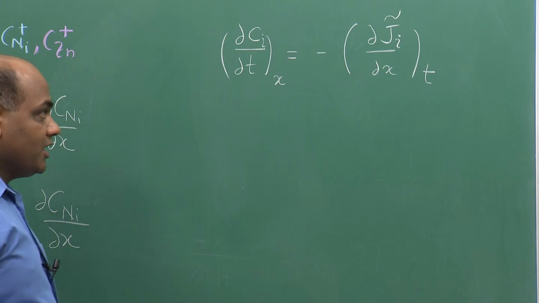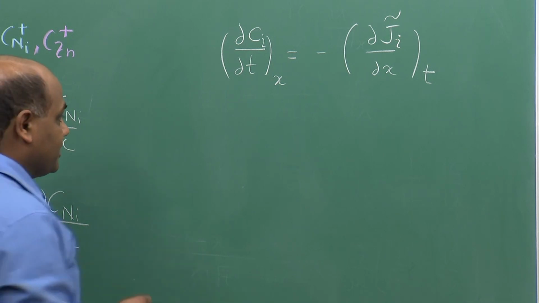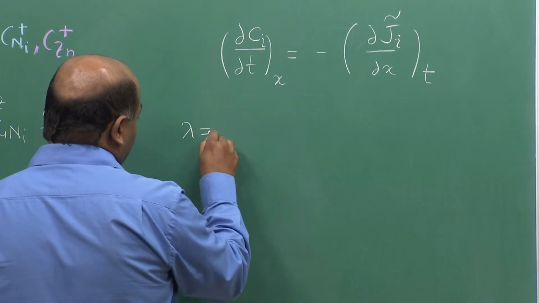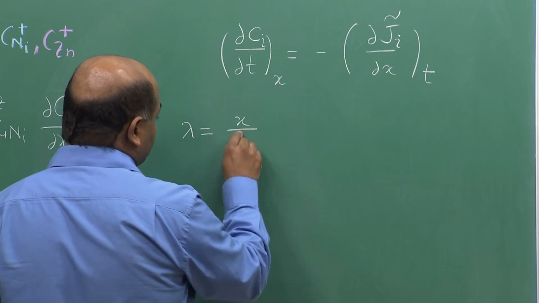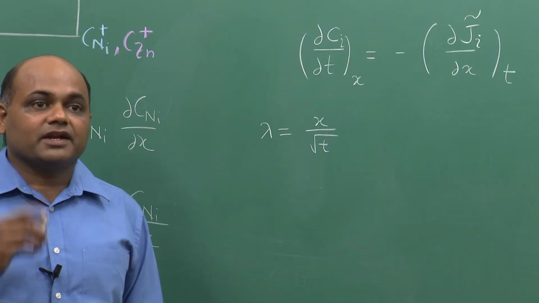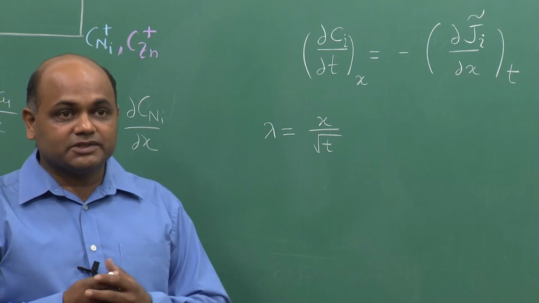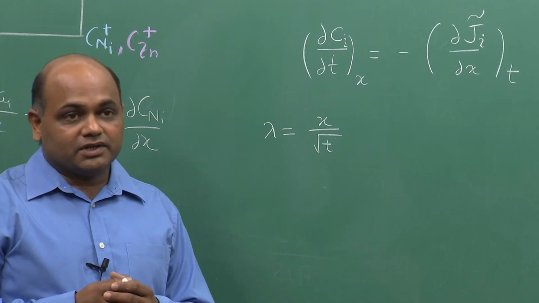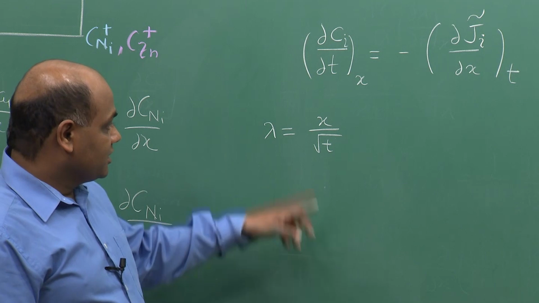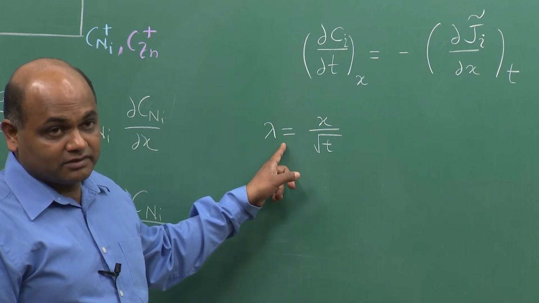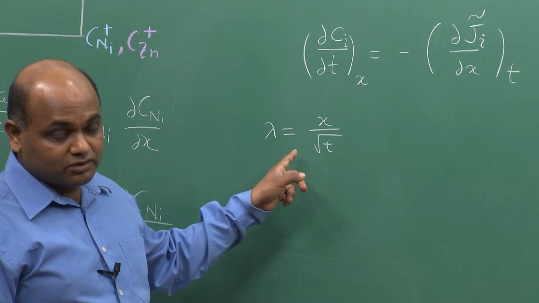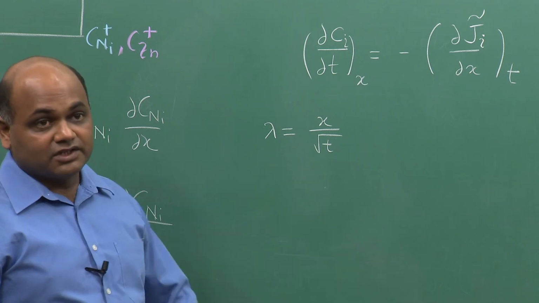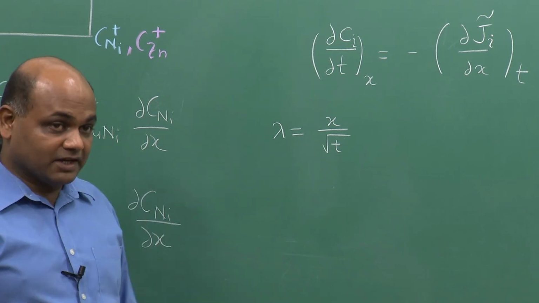Again, we would like to use the Boltzmann parameter here, or lambda, which is equal to x over root t. We assume that each composition plane that develops in a multi-component diffusion zone is also a function of lambda, and this has been shown to be true in many of the ternary diffusion couples experimentally.